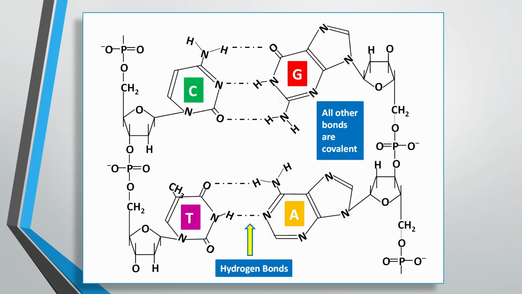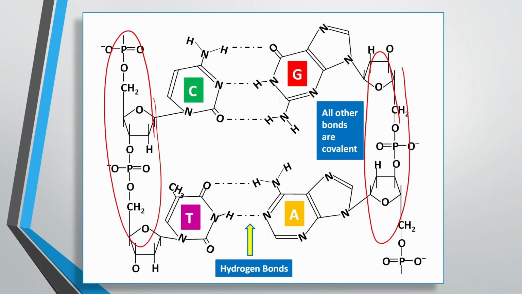The sugars and phosphates of each nucleotide create the vertical backbone parts of our ladder, and the bases sticking into the middle create the rungs. So this would be like the backbone right here, and here's our bases in the middle creating that ladder structure. The pairing of the bases in the middle, in the rungs, happens using hydrogen bonds.